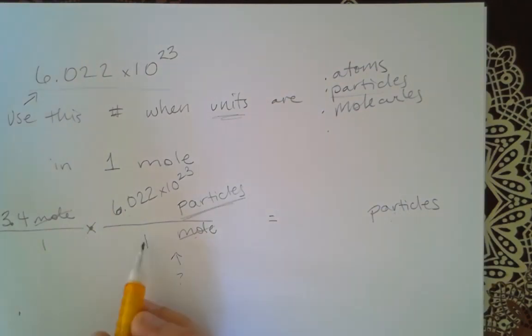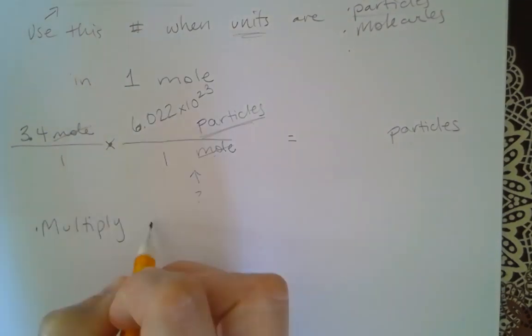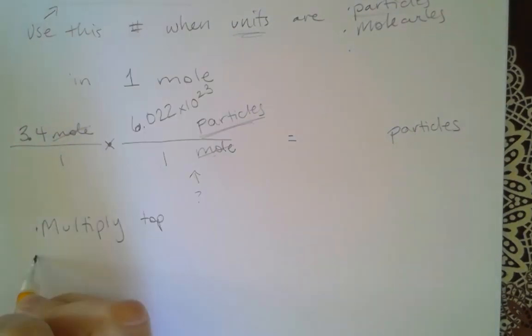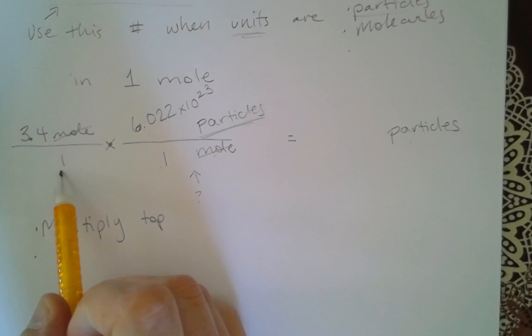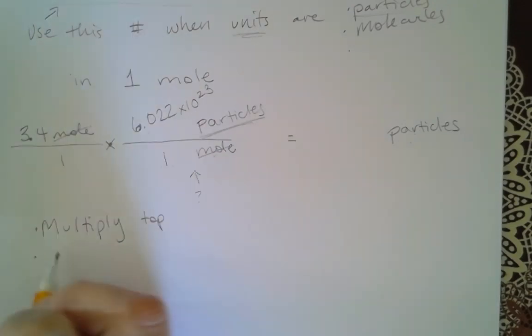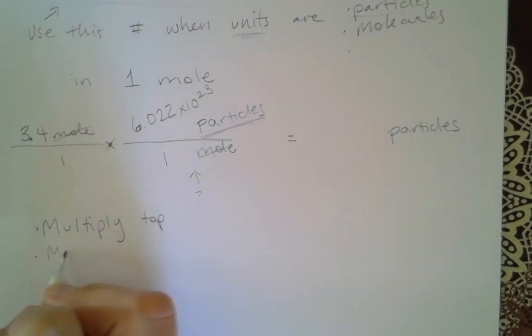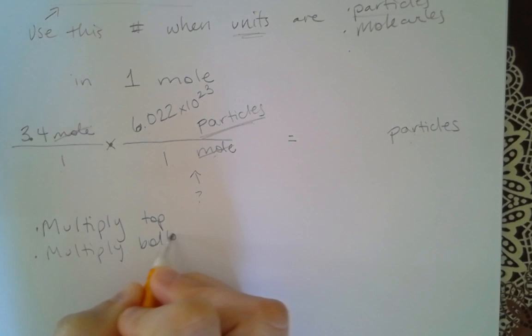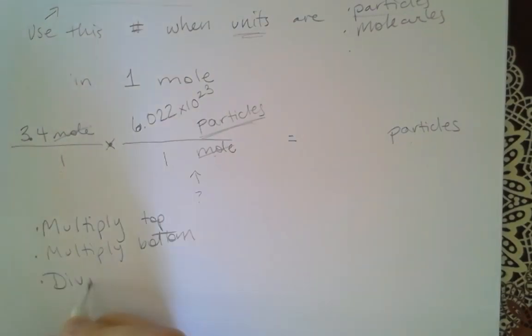You always multiply across the top, and then you can divide across the bottom, so divided by 1, or you can multiply across the bottom, and then in your last step divide top divided by bottom.